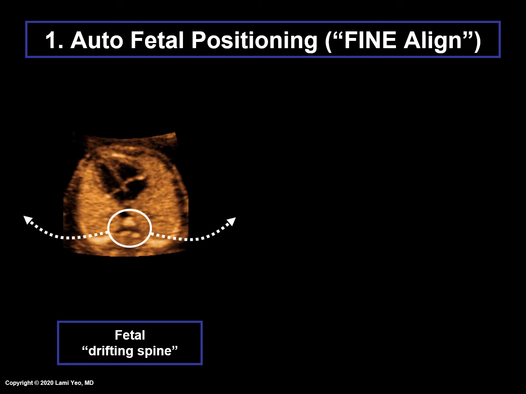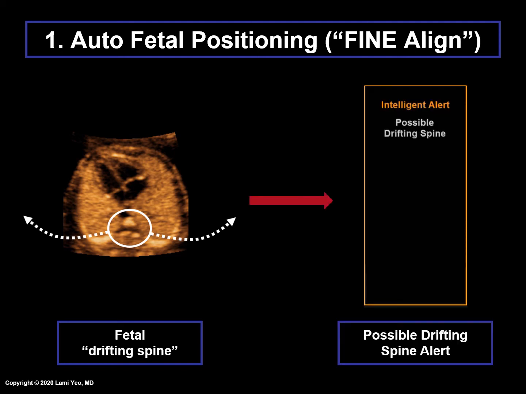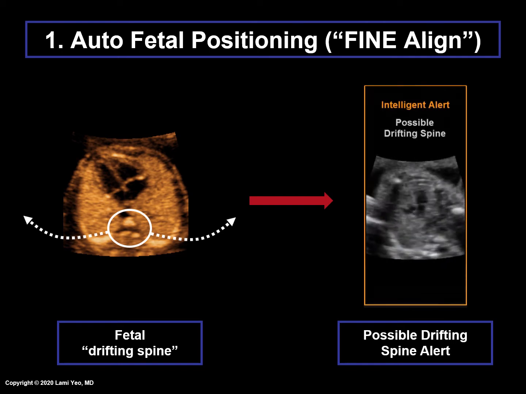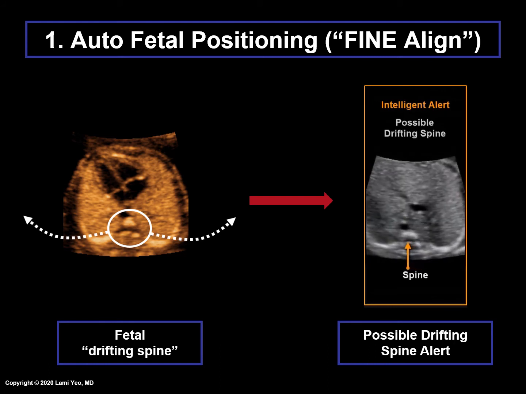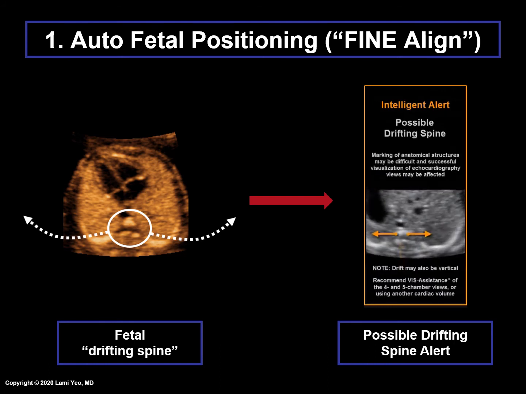The second situation is when there is a fetal drifting spine, leading to the possible drifting spine alert. A drifting spine is when the fetal spine location migrates on the monitor screen during the stick loop scroll. A horizontal drifting spine is when spinal ossification centers move in a lateral direction.